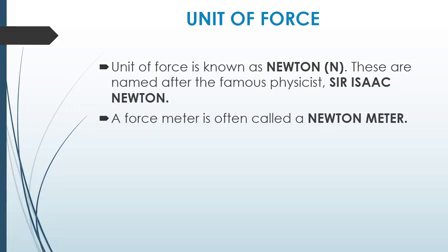Concluding till now, we have learned in this lecture that force is a push, pull, or a twist. Then we discussed the effects of forces: it can cause a change in the shape of an object, it can change the speed of an object, and it can change the direction of a moving object.